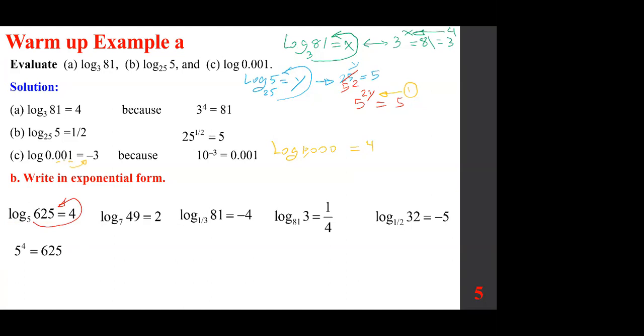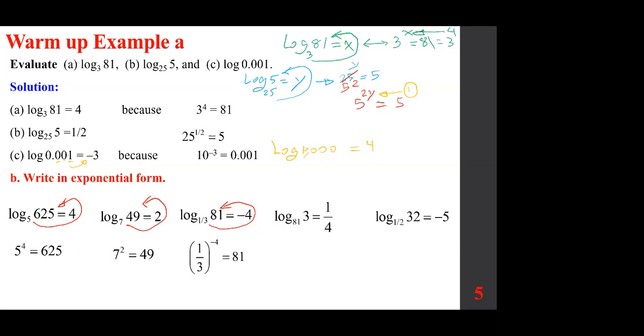The second one? 7 to the power of 2 is equal to 49. Perfect. Next. Look at the arrow. 1/3 to the power of -4 is 81. Perfect.